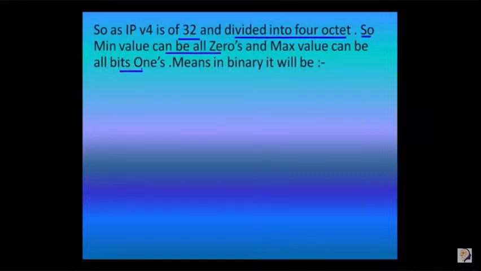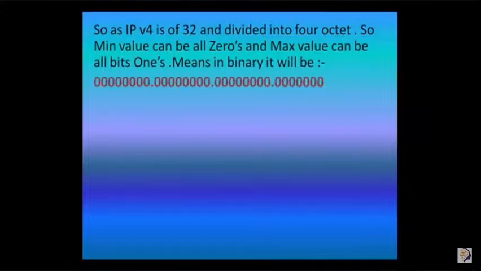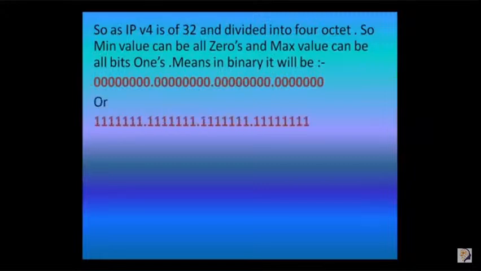What does it mean? What can be the minimum IP? All zeros in an IP. And what can be the maximum? All ones, which means all 32 bits are 1.